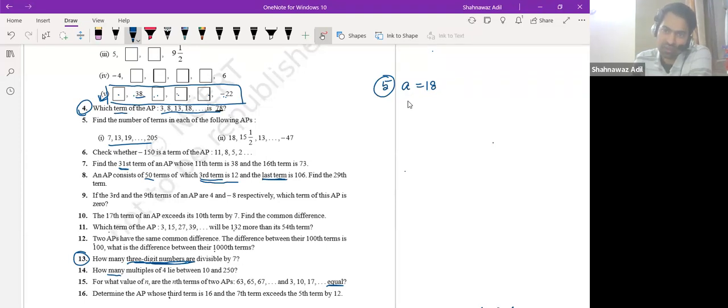A2 is 31 by 2, right? So this is A. And D is 31 by 2 minus 18. This is 2, this is 31, this is 36, so minus 5 by 2. And AN is minus 47.